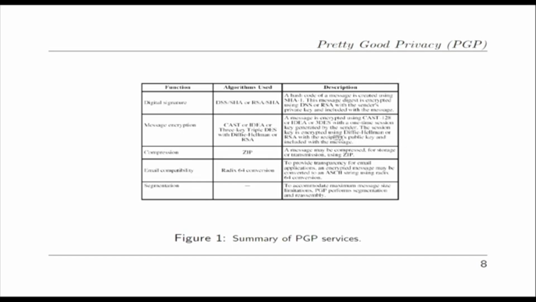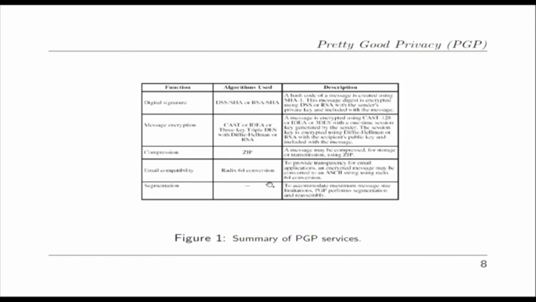The session key is encrypted using Diffie-Hellman or RSA with the receiver's public key, and included with the message. And then another functionality is compression. It is referred to as ZIP. The message may be compressed for storage or transmission using ZIP. And email compatibility.